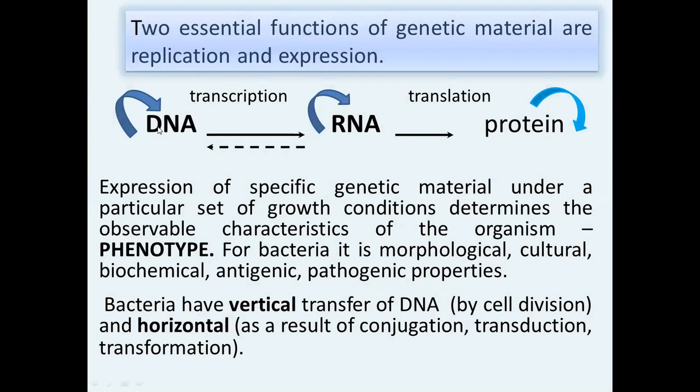This process also takes place in DNA genome viruses. In RNA genome viruses, the replication occurs at the level of RNA with the participation of the enzyme RNA-dependent RNA polymerase, and RNA serves as a template for synthesis of new copies of the viral genome.